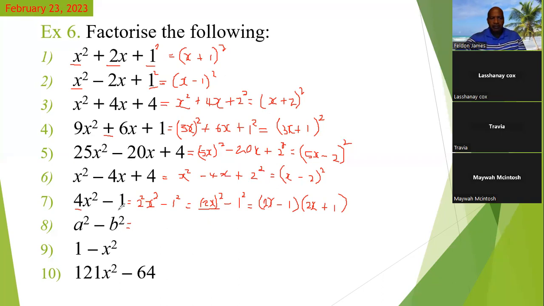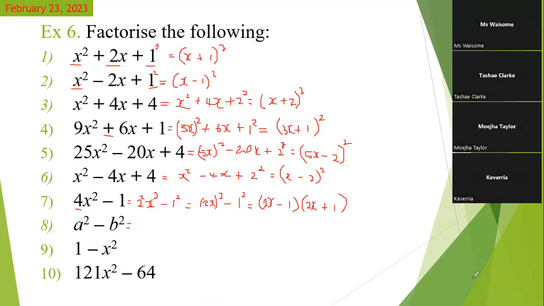So we write the 4 as a 2 square, but really this is where we want to get to. If you even write it and skip out this part, it is still acceptable. Any other question?